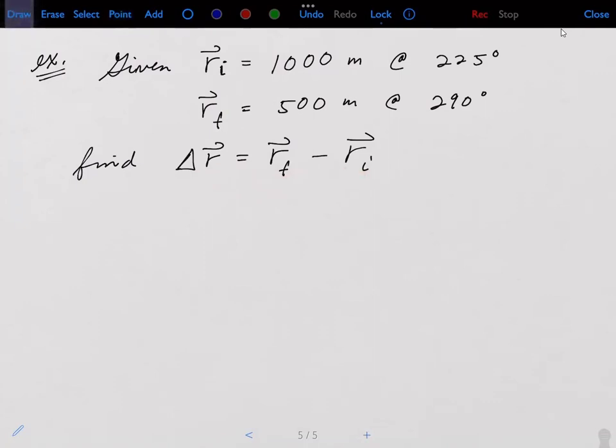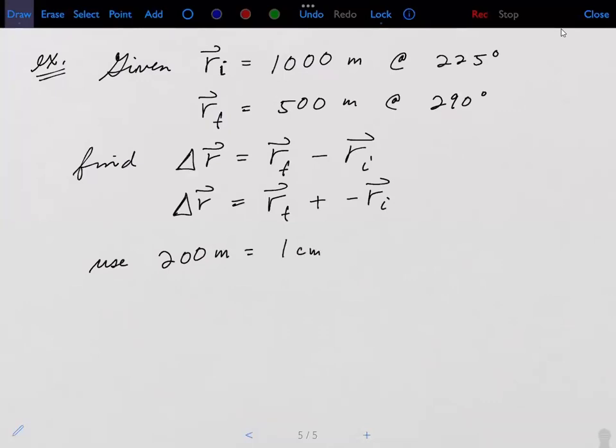Or if we write this out as an addition, because ultimately we want to add vectors, right? We know how to add vectors. So this will be R final plus minus R initial, the opposite of R initial. Okay, so first thing, let's use some type of conversion factor. So let's say, I don't know, 200 meters is equal to 1 centimeter.